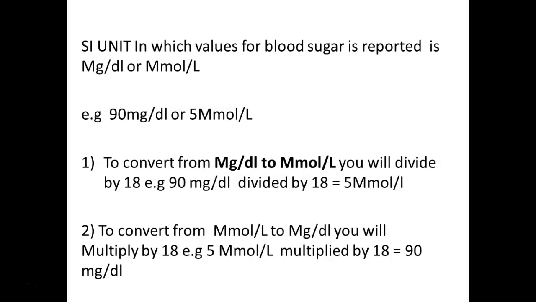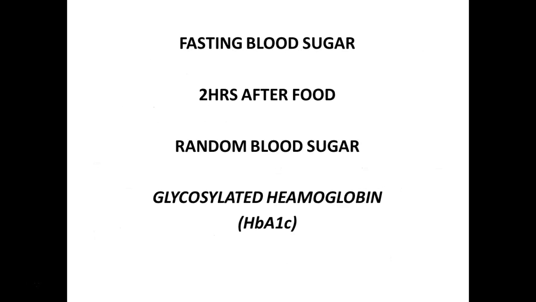So if you get 90 milligram per dl, divide that by 18 and you get the value in millimole per liter. To convert from millimole per liter to milligram per dl, you multiply by 18. For example, 5 millimole per liter multiplied by 18 gives the value in milligram per dl. This might be helpful for you along the line.